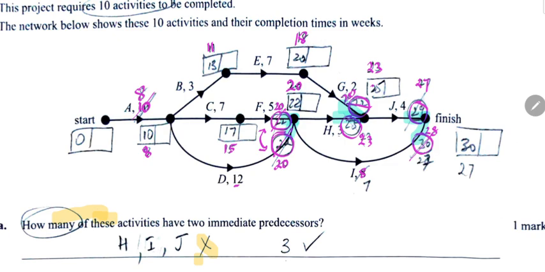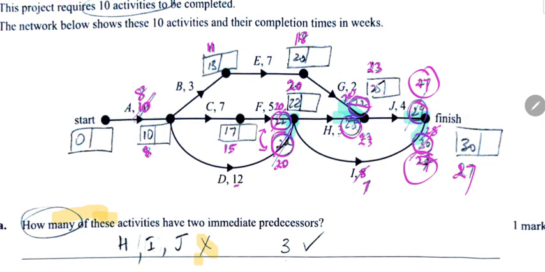But is it possible to make it equal to 27? Yes, if we reduced I by 1, which is the other reduction possible, we can reduce 28 to 27, which is this. And that gives us 27.